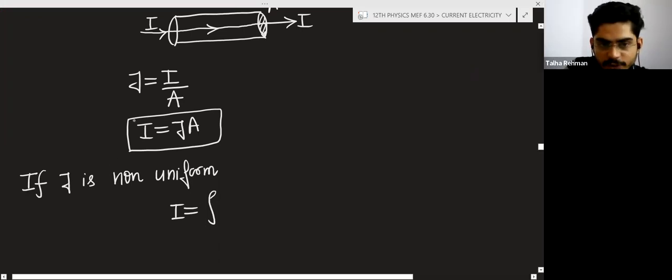So this is I, and you will integrate on both sides. When it is non-uniform, you will write I is the integral of J vector dot dA vector.